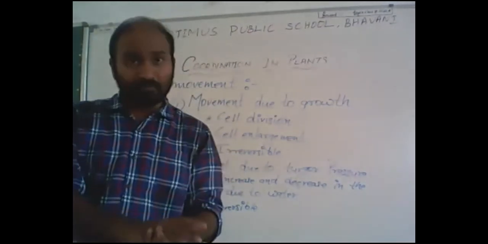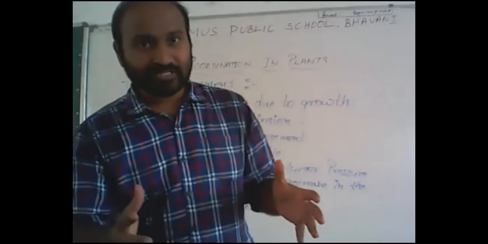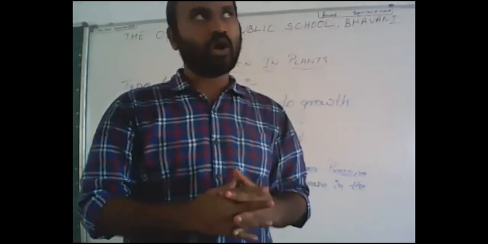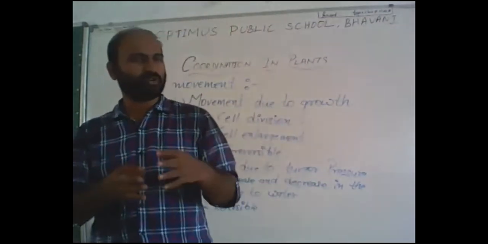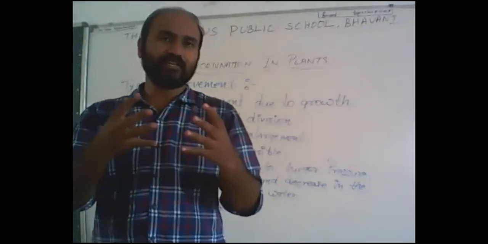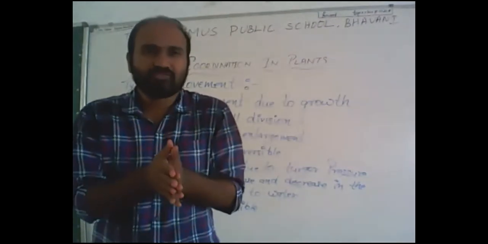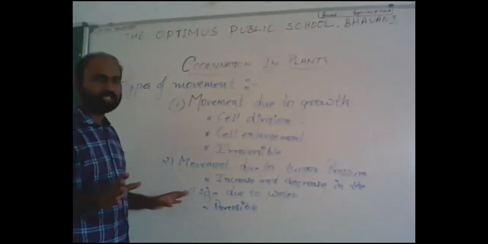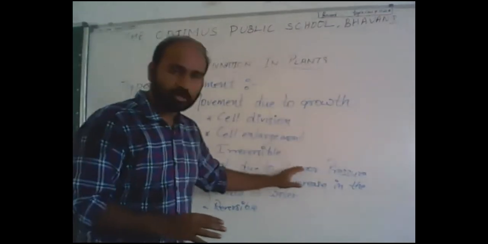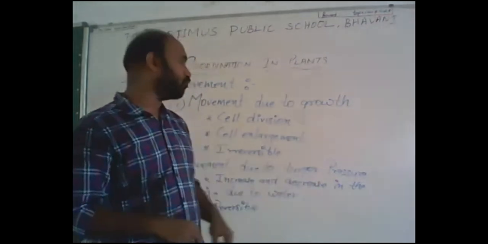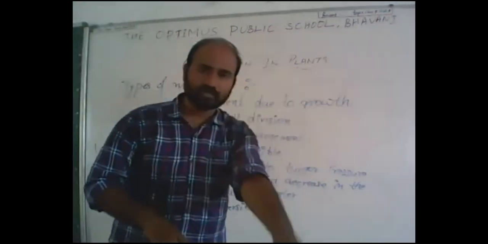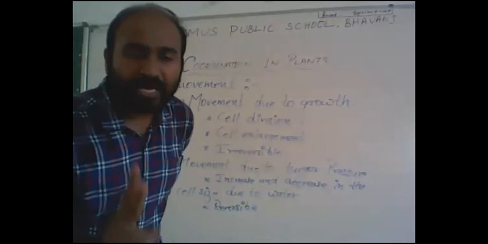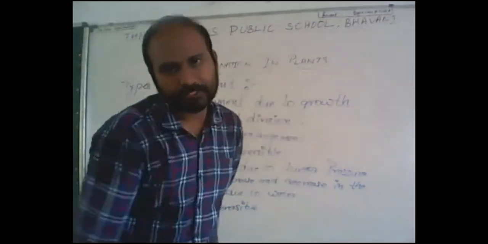You remember plasmolysis, flaccid or hypertonic and isotonic solutions, and so on. The cell swells up or shrinks due to water. Not much in detail; just to understand, movement due to turgor pressure is the second type of movement, and movement due to growth is the first type. These are the two major types of movement happening in plants.